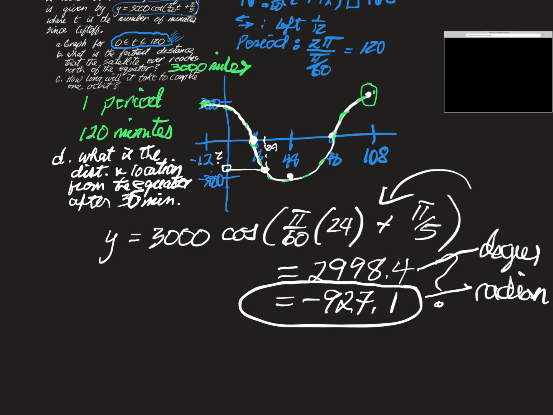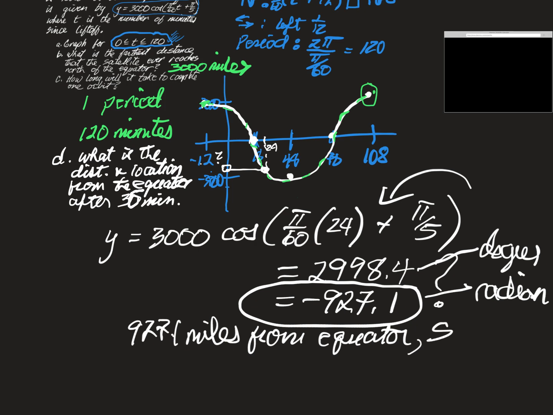And so now I can answer this question. What's the distance and location from the equator? Well, it's 927.1 miles from the equator. All right. And it's south because it's a negative number.